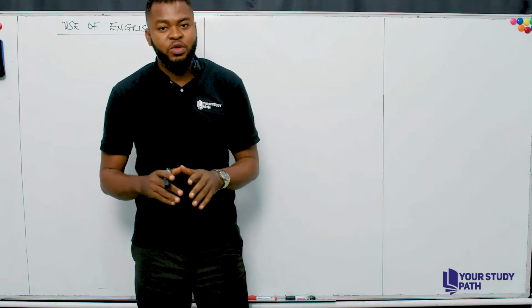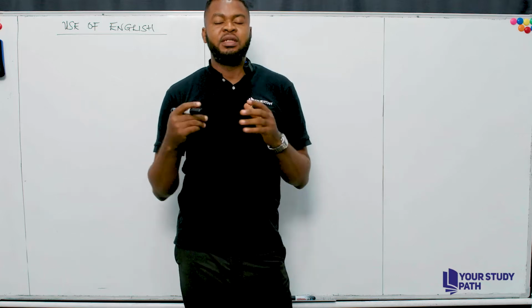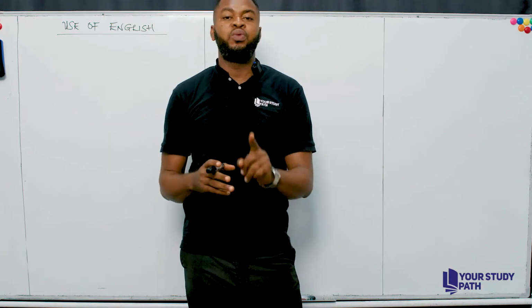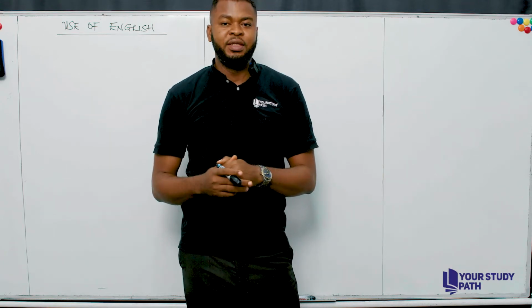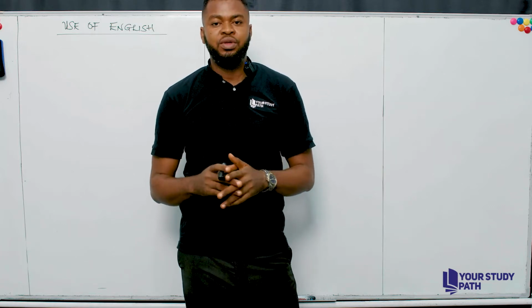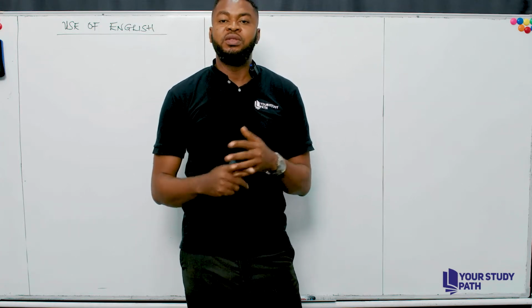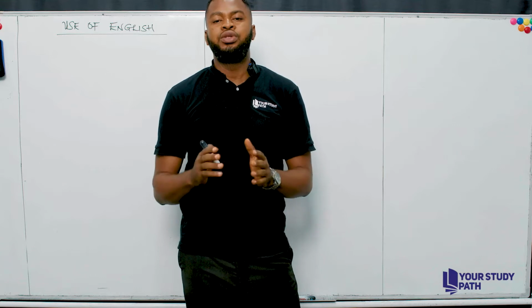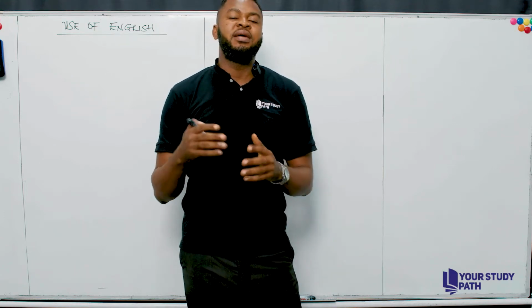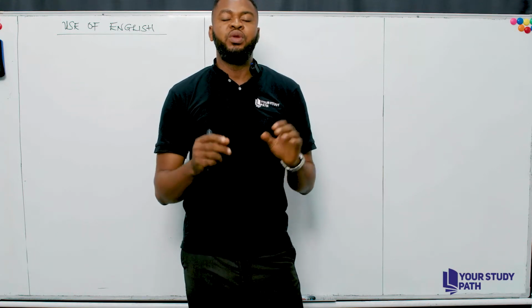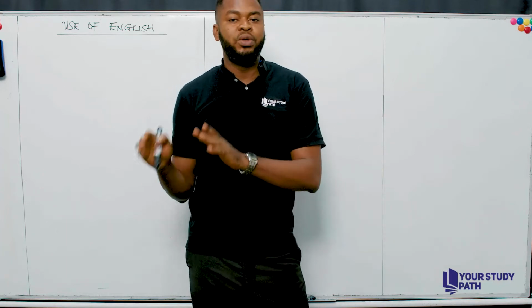Now, basically we'll be looking at the aspect of clauses because that was where I stopped the last time. So I was able to explain to you what a clause means, then also the different types of clauses in which we looked at the main clause and the subordinate clause.